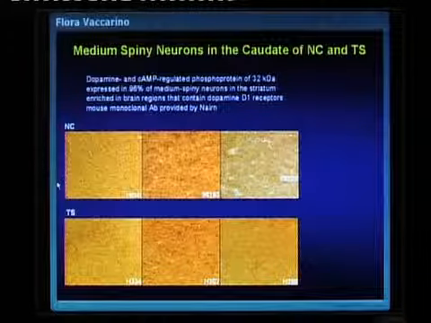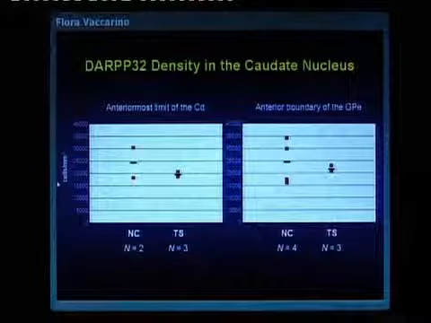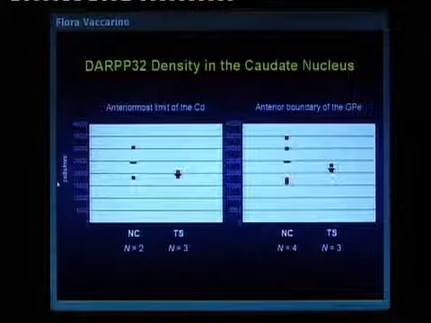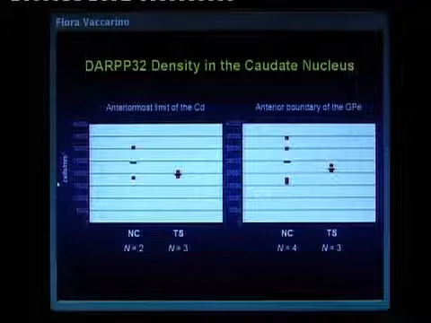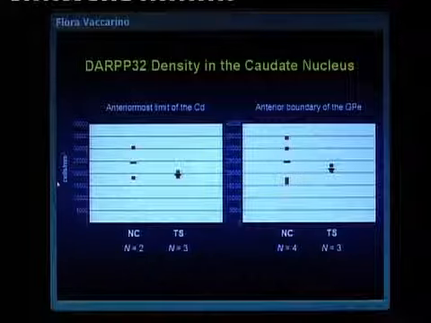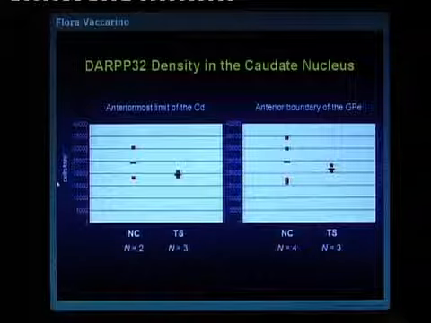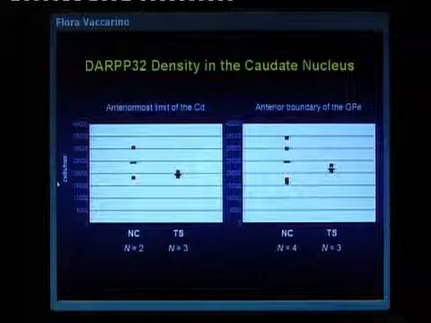We saw qualitatively no substantial difference, and quantitatively also could not detect any significant difference, although there is some variability, and we still are examining. We still have to finish this data and examine the whole sets of brains that we have. But up to now, there doesn't seem to be, either in the caudate, the anterior or slightly more posterior region of the caudate, any significant difference in this marker for medium spiny neurons.